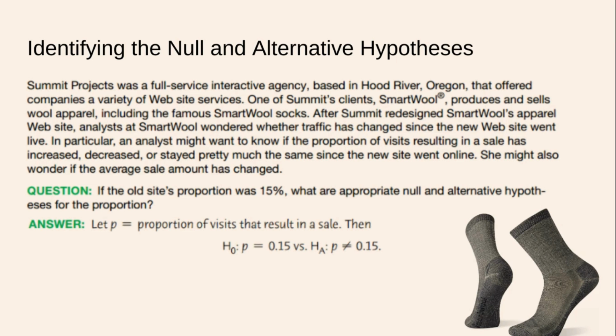That is the old site's proportion of visits that result in sale. The alternative hypothesis would be that there is some kind of change from 15%, that the switch from the old site to the new site produced a proportion that's either much better or not as good, but significantly different in some way, shape, or form.